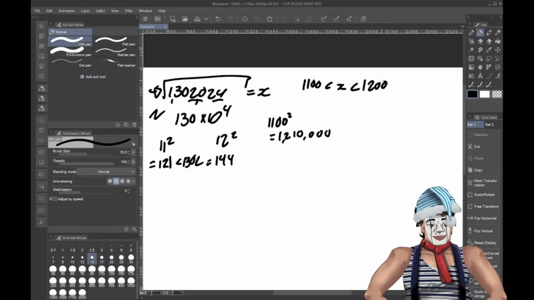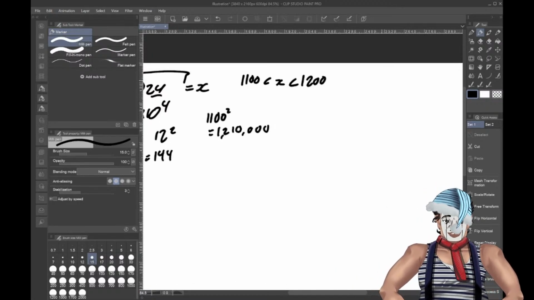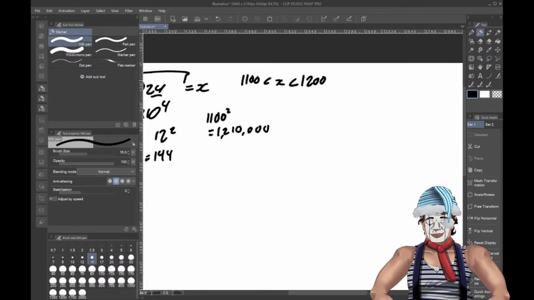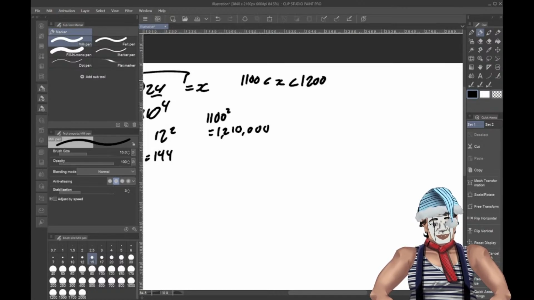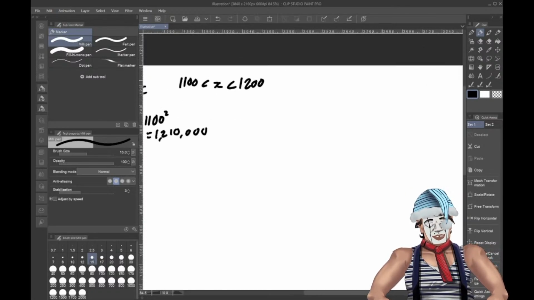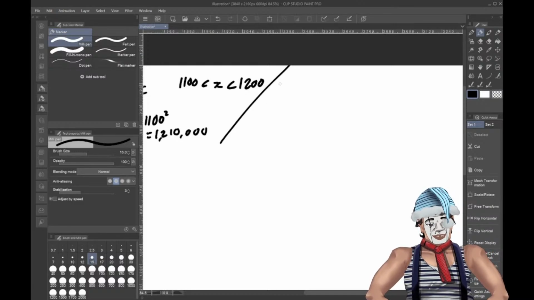That's a lot of numbers between 1,100 and 1,200. Actually, there are infinite numbers between 1,100 and 1,200, but I guess we could try to whittle it down the long way. So, let's see here. Let's try 1,200.